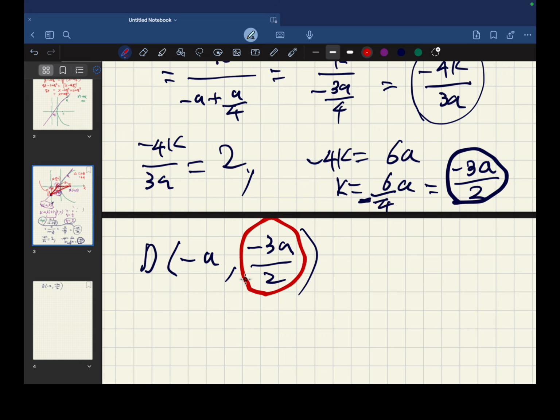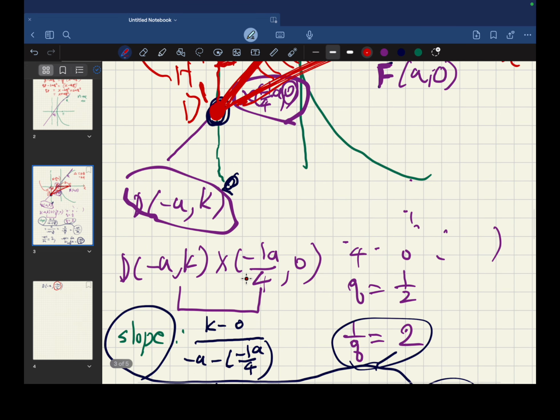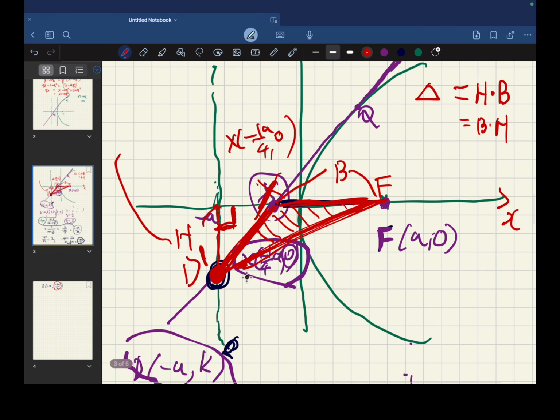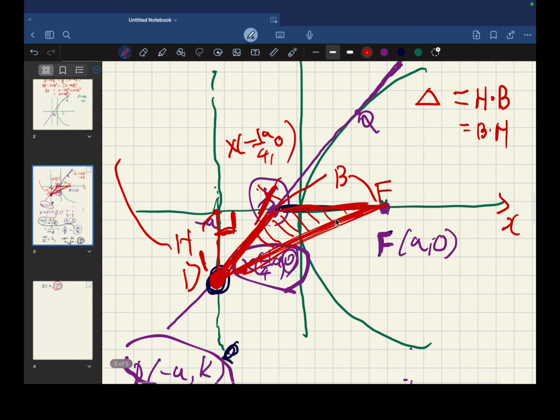So this would be the height, and this would be the base. Oh, I did not divide it by 2, so I'm sorry here.